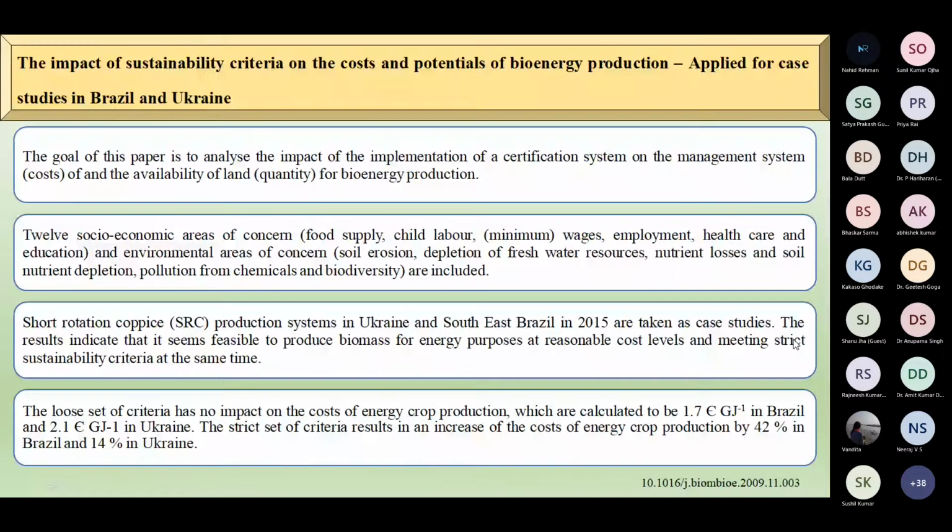Ukraine and Brazil did a case study to see the impact of sustainability criteria on the cost and potential of bioenergy production.